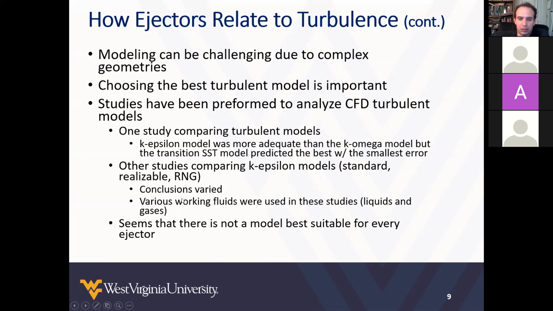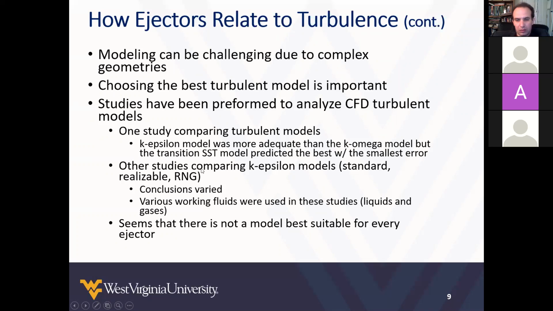But there are also a lot of studies that specifically compare the different versions of K epsilon models, the standard, realizable, and RNG models. But many of these conclusions varied a lot. Some deemed the standard the best, some the realizable the best, and some the RNG the best.